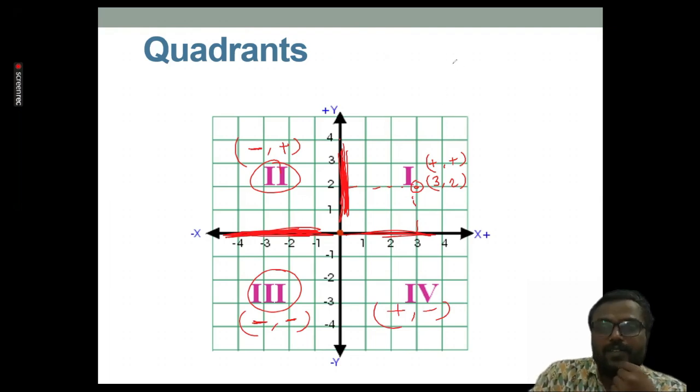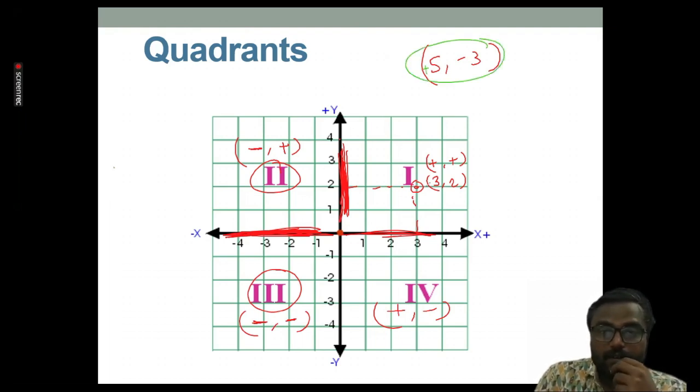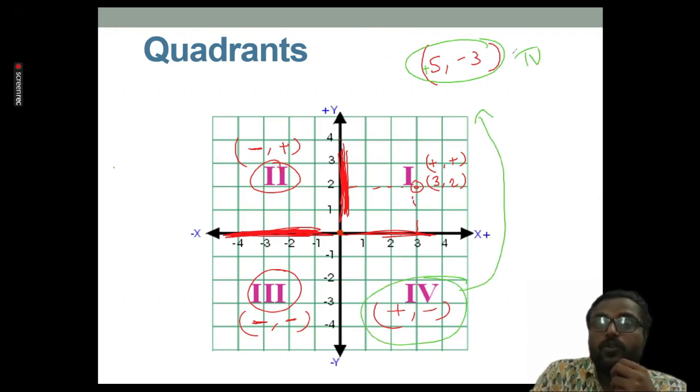Now, if someone says, where does the point 5, negative 3 lie? This is positive and this is negative, so positive and negative, it will be in the fourth quadrant.